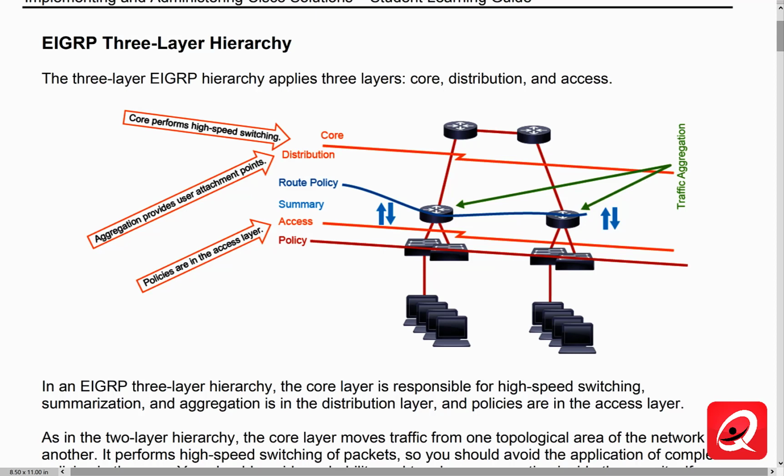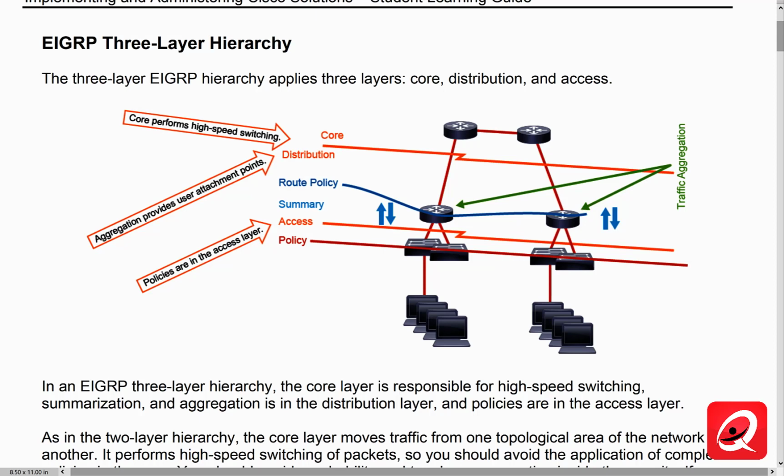In the 3-layer architecture, the core is still going to be responsible for doing the high-speed routing, and there is some summarization that we're going to do down to the aggregation layer. The choke points between the aggregation layer and the distribution layer is where we're going to have things like policy enforcement, routing enforcement, and so on.